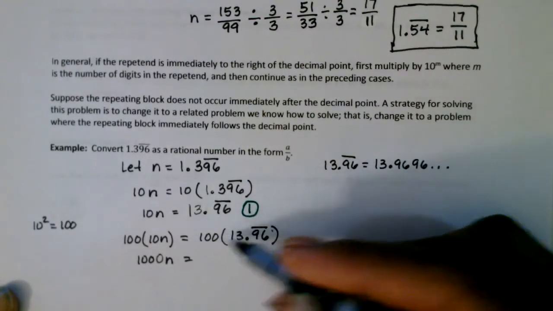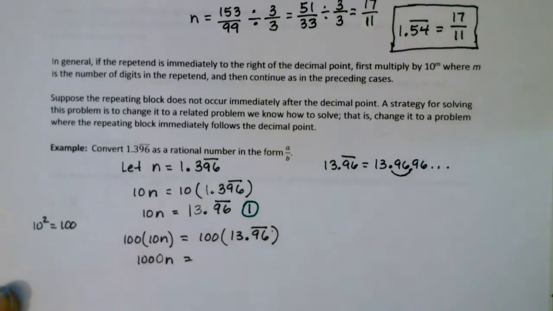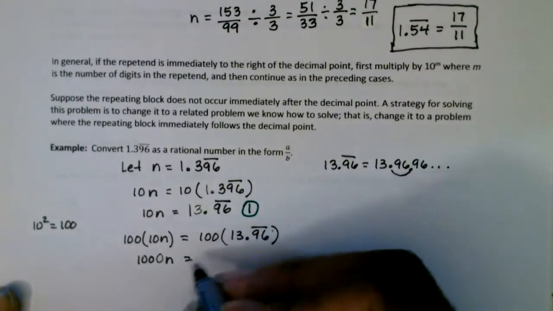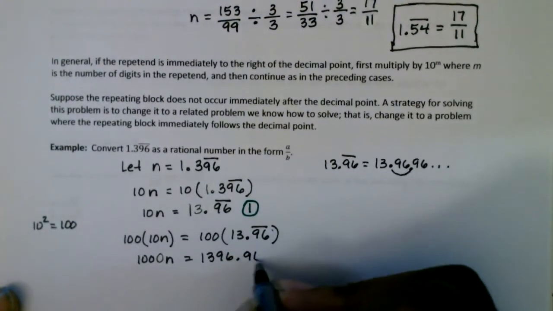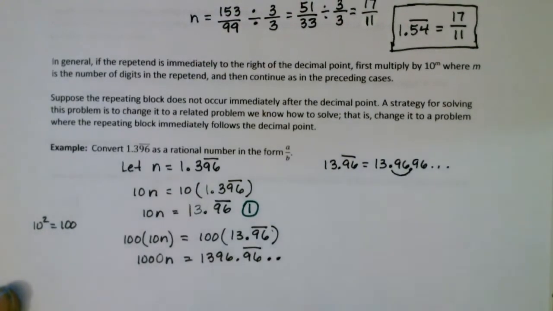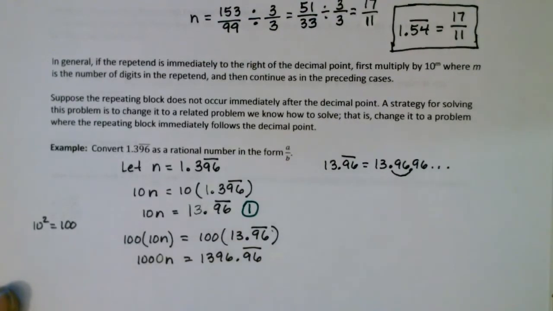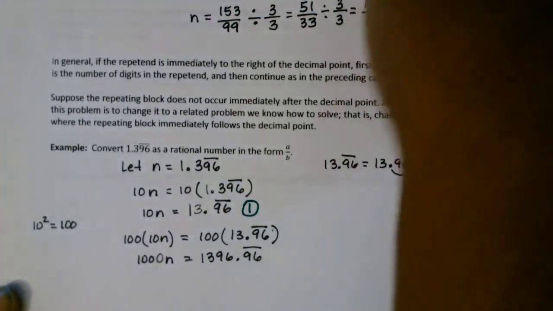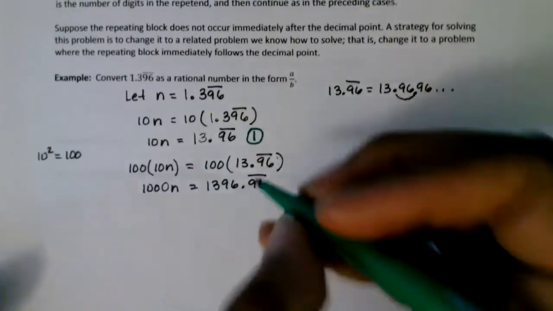So when I multiply this by 100, the decimal point will be between the 6 and the 9, so it'll be 1396.96. Now I'll put the bar on top instead of using the dots. Okay. Now that's going to be equation 2.